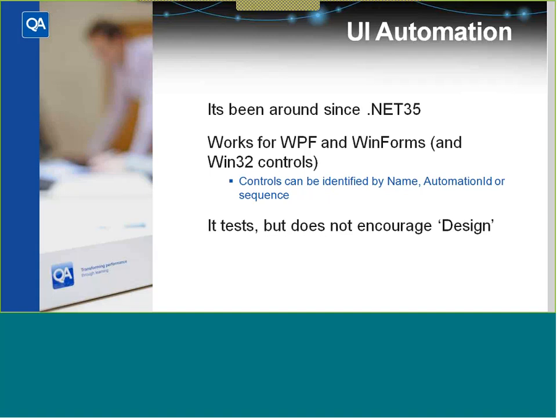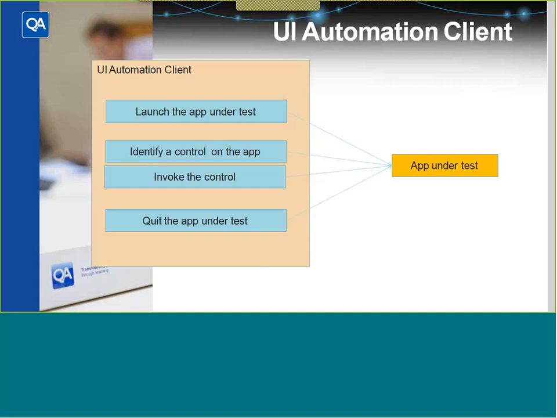What it is, is a way of testing your software from the front end. It works for WPF and Windows Forms. I've got a couple of examples coming up, so let me just show you what's going to come up. I've got an application under test, and a couple prepared. One's a sort of homegrown one, one's Paint.NET.